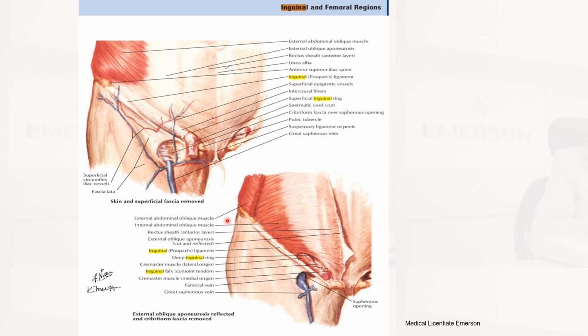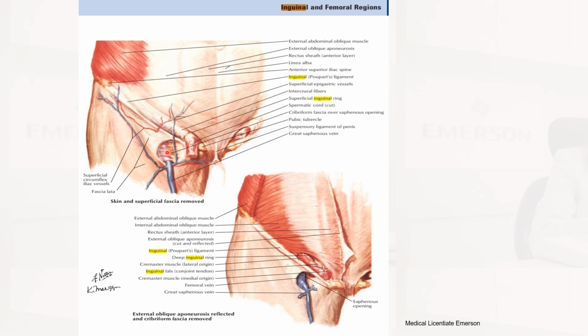You can pause and go through most of the structures. These are the abdominal muscles and the inguinal ligament. Then you have the rings: the deep ring here, and the superficial ring. These are some of the structures that can be found.